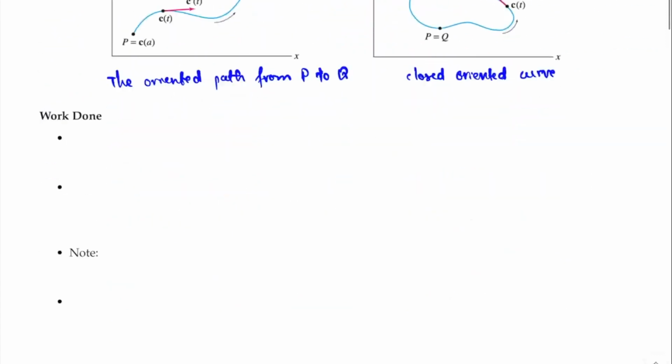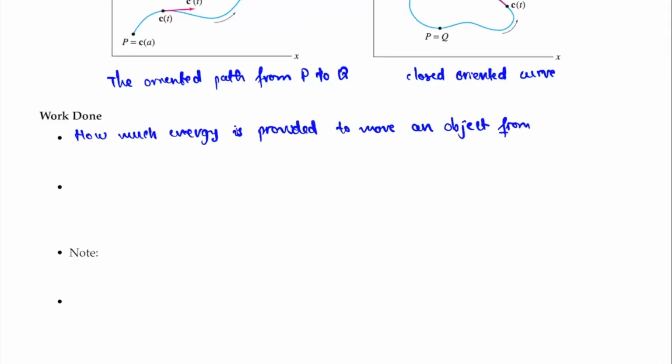Now we're going to move on to the definitions related to work done. Some of this you have seen already in lecture 2. So the work done is how much energy is provided to move an object from one location to another.